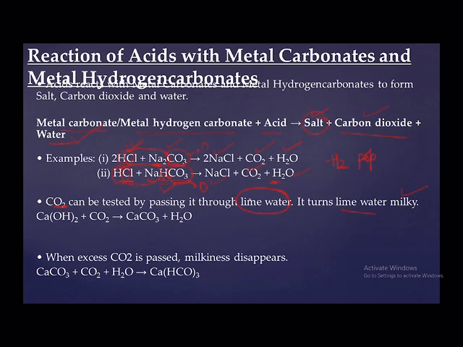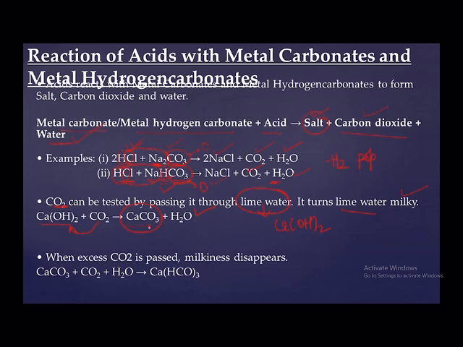Lime water is nothing but calcium hydroxide. If we pass carbon dioxide gas into lime water, that is calcium hydroxide, it results in the formation of calcium carbonate and also the release of water molecules. This calcium carbonate formed is our white precipitate.